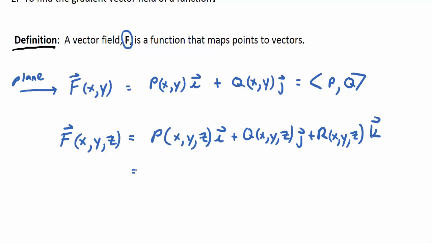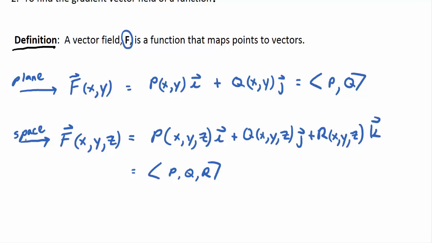Or sometimes we like to go back to component form and just keep it simple: P, Q, R, with the understanding that P, Q, and R are functions of the input variables x, y, and z. Okay, so this would be a vector field in space.